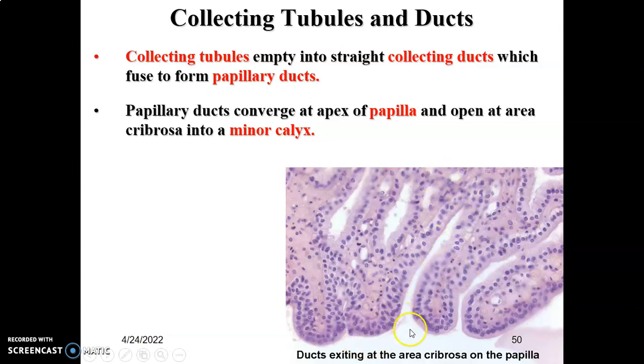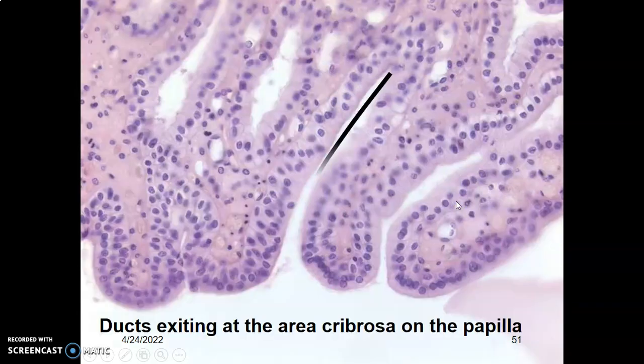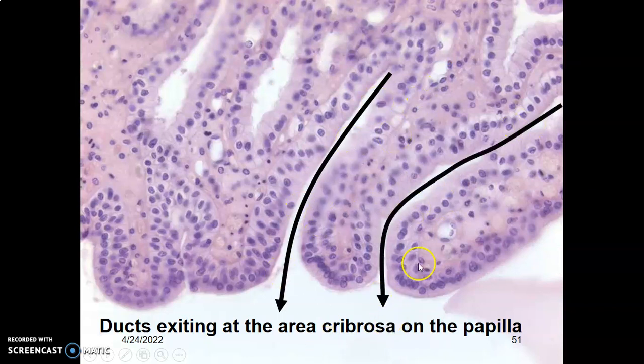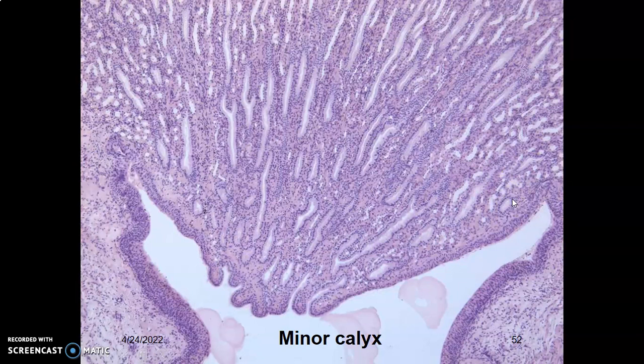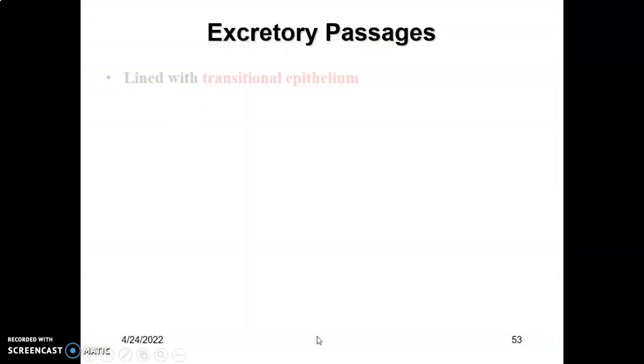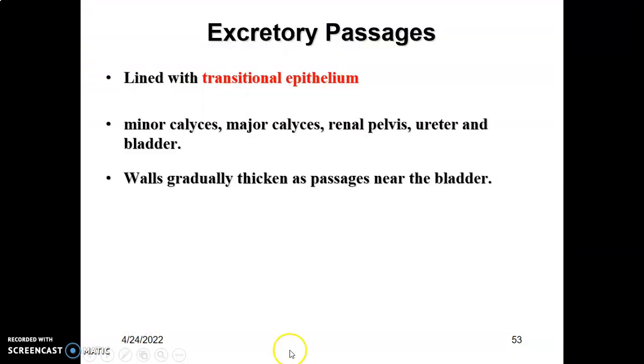So you can see ducts opening into minor calyces, then many minor calyces join to form a major calyx. So you can see ducts exiting at the area cribrosa on the papillae. Then the papillae, all of them open into minor calyces. Then minor calyces will join to form major calyces. Then we go to the excretory passages.